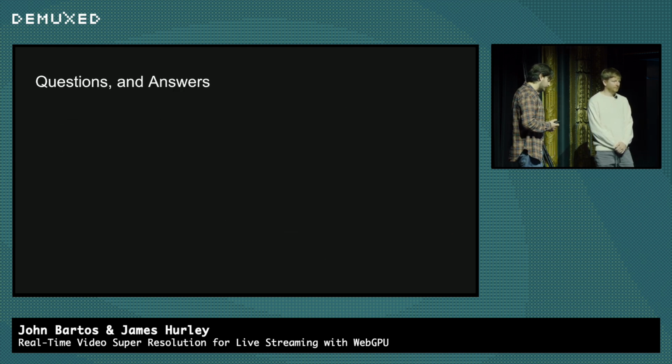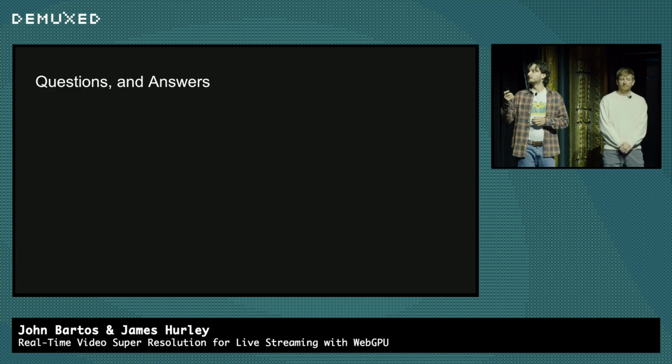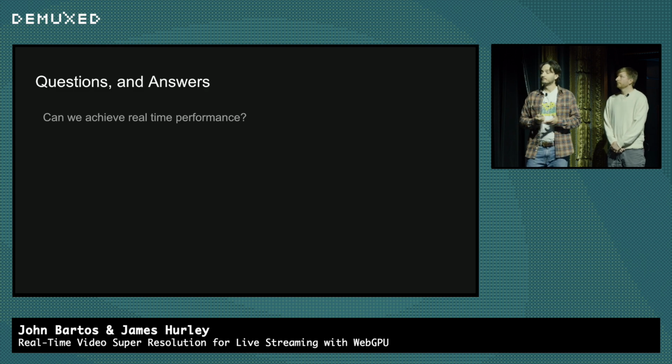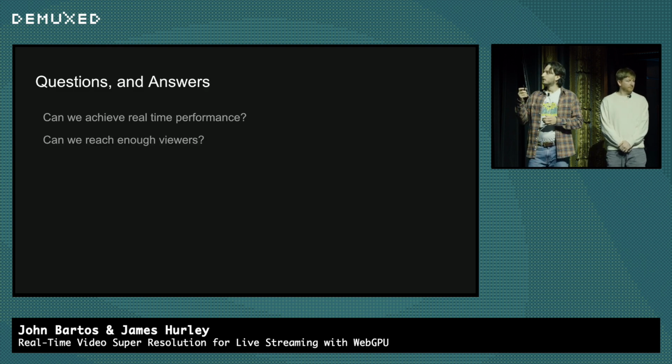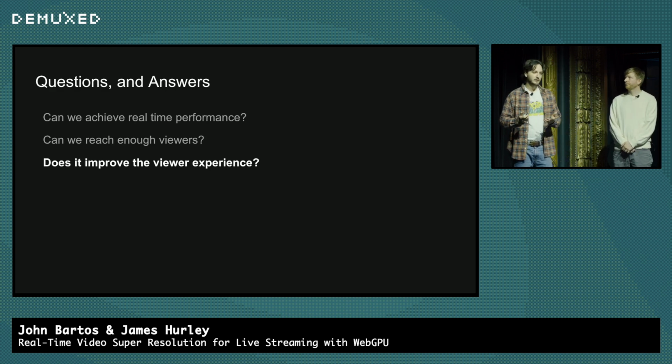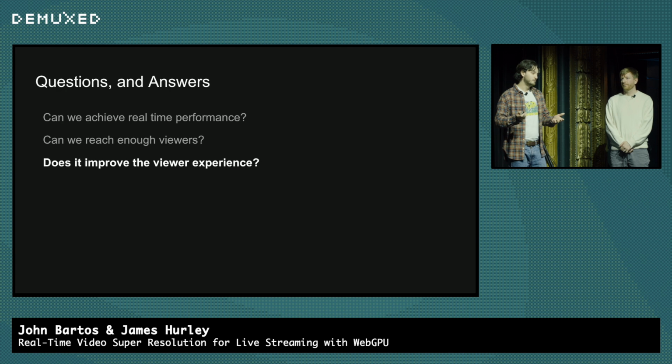So earlier this year, we put together a team at Twitch to try it out, and we had a few questions. Could we achieve real-time performance, meaning for us 60 frames per second? Could we reach enough viewers on all the different GPU types we see on Twitch to make it worth their while? And last but most importantly, does it actually improve the holistic viewer experience? Meaning, when we run super res, do people watch more?